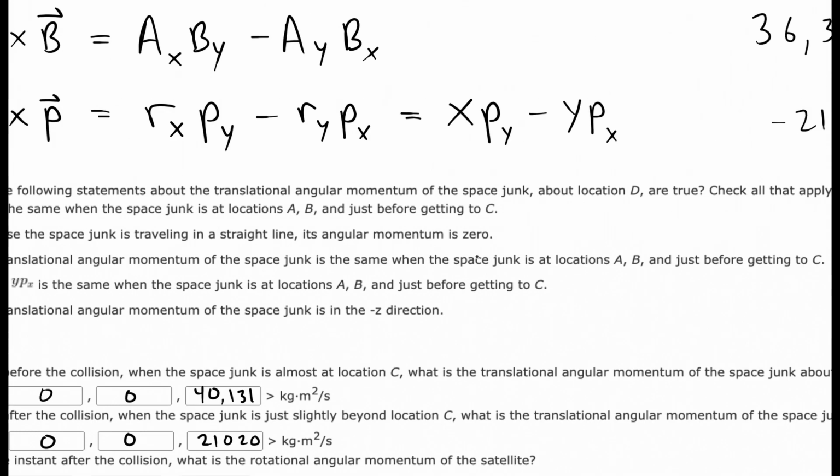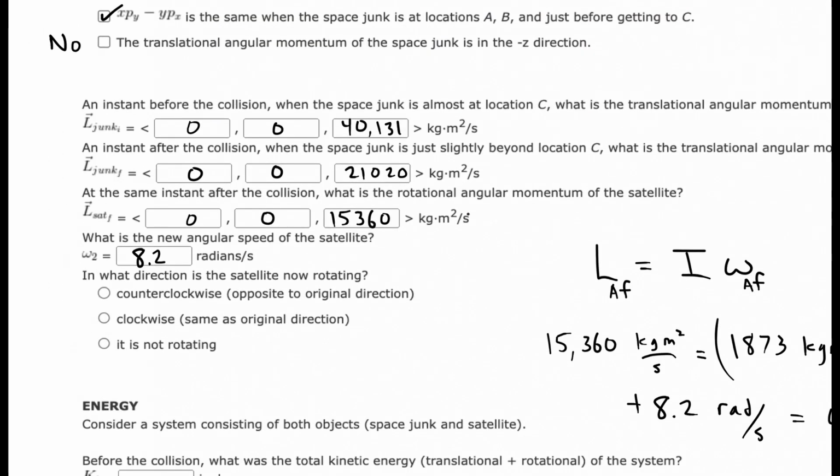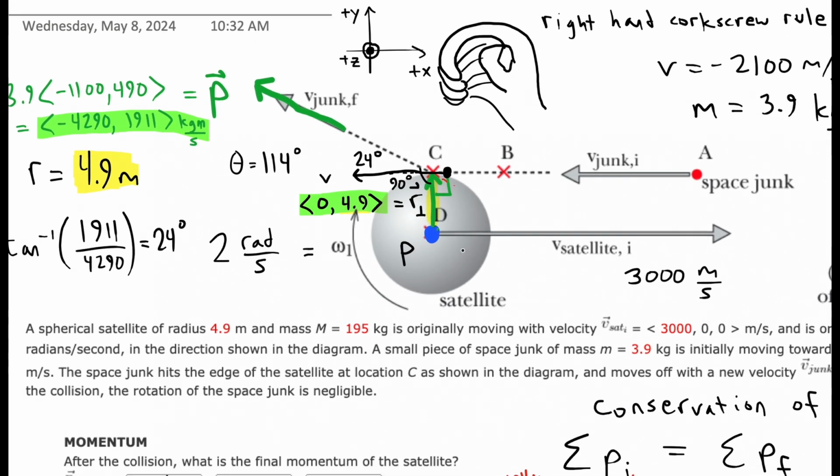The satellite used to have an omega which was clockwise, and because I got a positive out of this calculation, that means he is now going to be rotating counterclockwise. So he was going clockwise, but the junk had so much angular momentum that it caused the satellite to switch the direction of rotation. Now it's going to be rotating counterclockwise in the end.